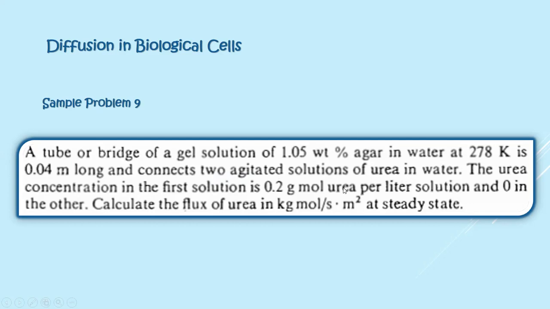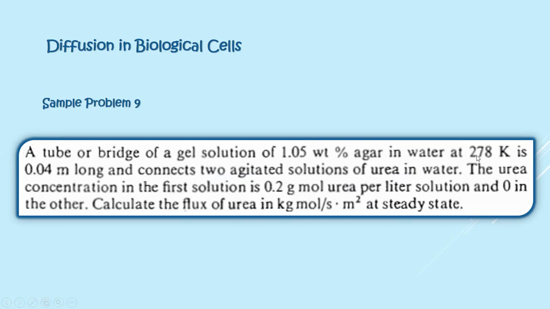So we are expecting that this time urea is going to diffuse in our agar in water solution. The urea concentration in the first solution is 0.2 gram mole urea per liter of solution, and of course, on the other side, it's 0. If we don't have this difference in concentration, urea will not diffuse to the other side.